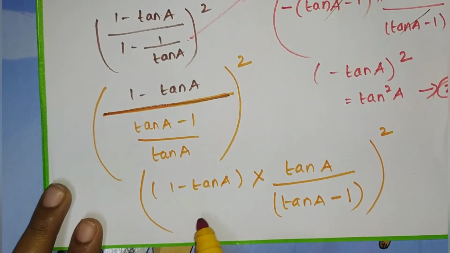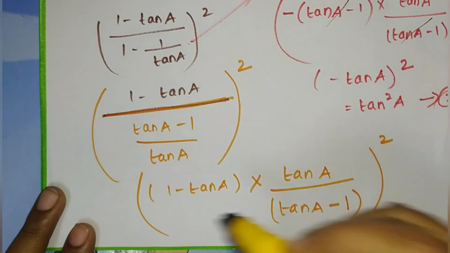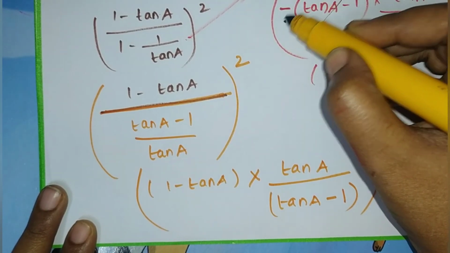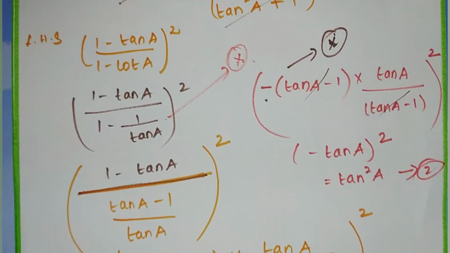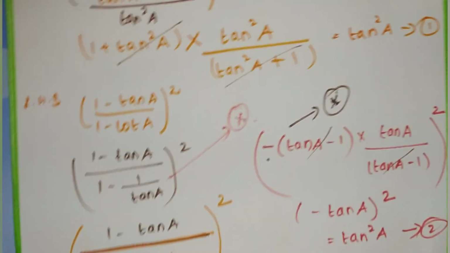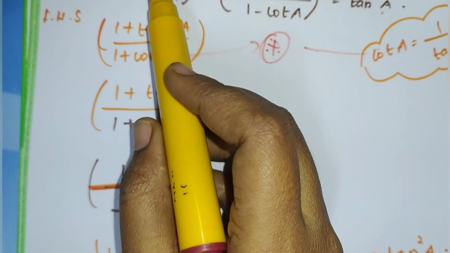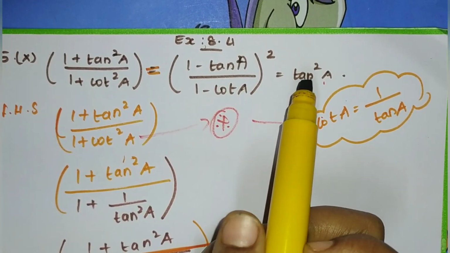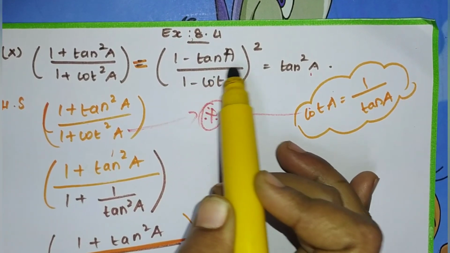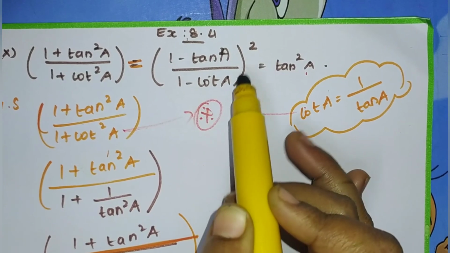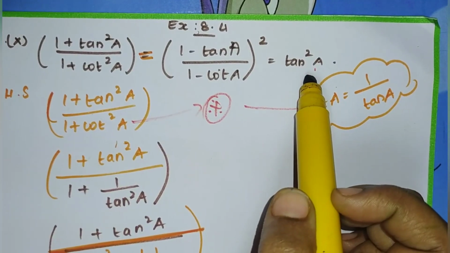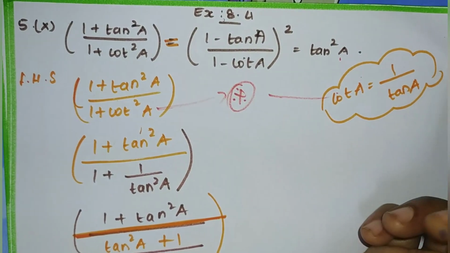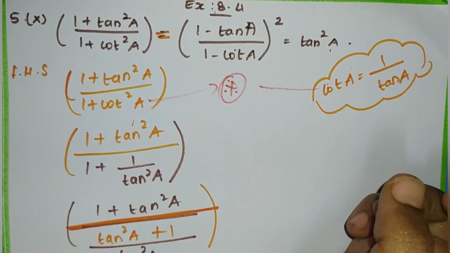And then one thing you have to remember here, that negative sign. Okay, so we proved that 1 plus tan square A divided by 1 plus cot square A is equal to tan square A, and 1 minus tan A divided by 1 minus cot A the whole square is also the same answer, that tan square A. Are you all clear, children? Thank you.